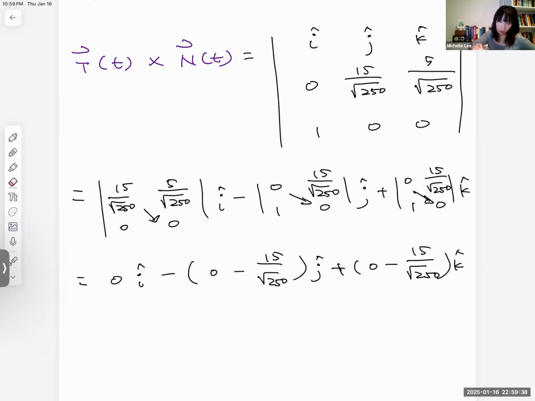So J should be 5. So 5 there. And this is a 15, right?